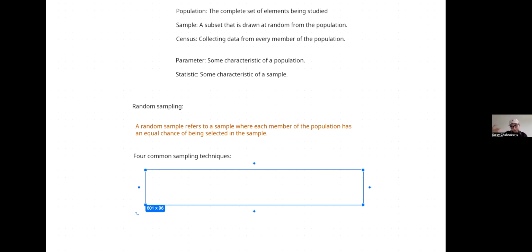So we put the population in order and then we start from a random position, and from that position we select every kth member. Now the value of k might also vary, depending upon your application. It's a design choice that you have to make, right?